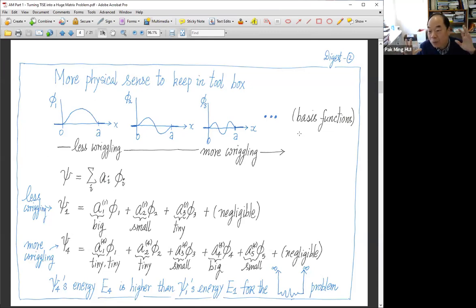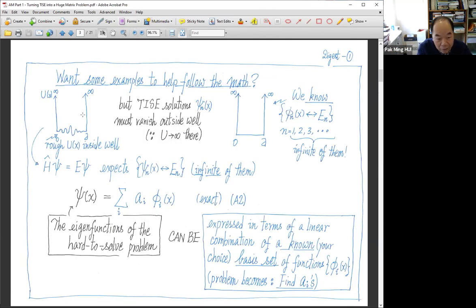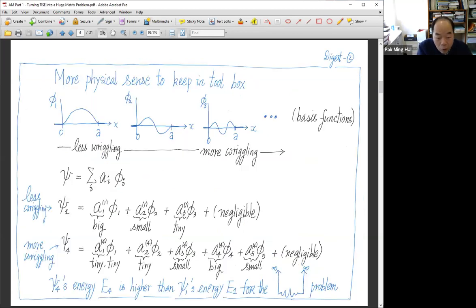Okay, so it is a point that is good to keep in mind. Although the mathematics doesn't require us to know that, we are not doing mathematics, we're doing physics. For example, if we are trying to look for the ground state of this funny looking problem, we would expect the ground state should be less wiggly than the first excited state of this funny problem. Therefore, when we do the expansion for the ground state, we have some expectations, right?